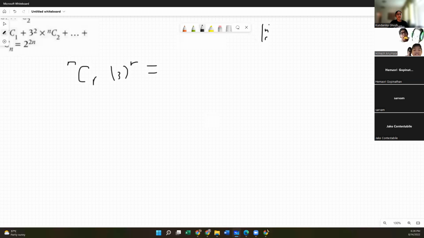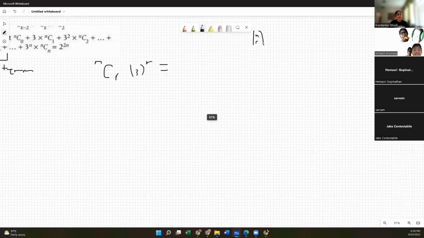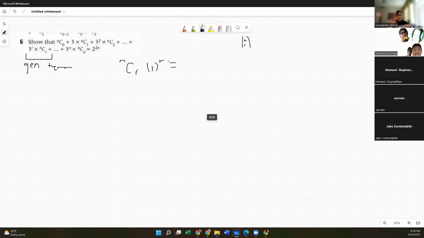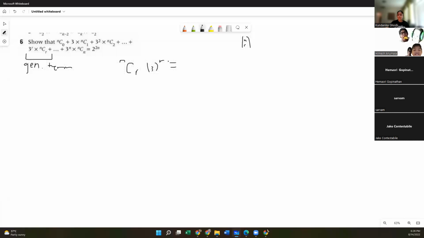R in this case is whichever term the equation is, and n is whichever power your equation is raised to. So if you have 1 plus n to the power of 5, your n is going to be 5, and depending on whichever term of the sequence you're working on, the r is going to change. Good. All right. Sorry, give me a sec.